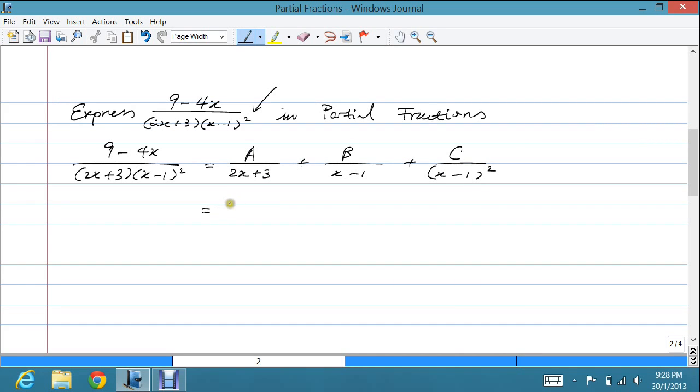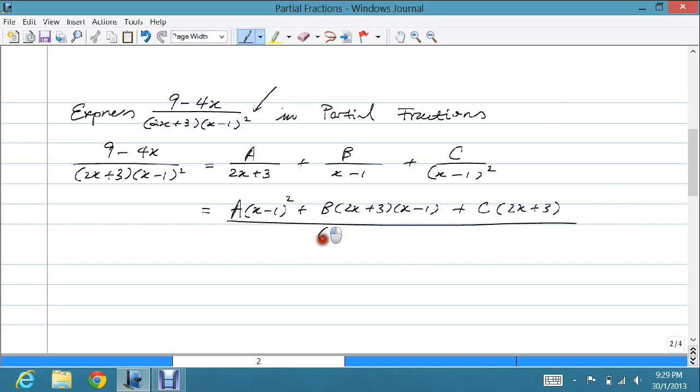So we are going to combine the right hand side to form our common denominator. So we have a times (x minus 1) squared, plus b times (2x plus 3)(x minus 1), plus c times (2x plus 3), over the common denominator.